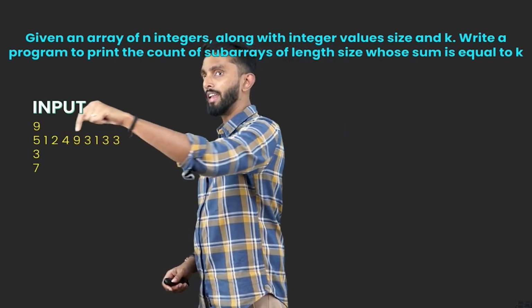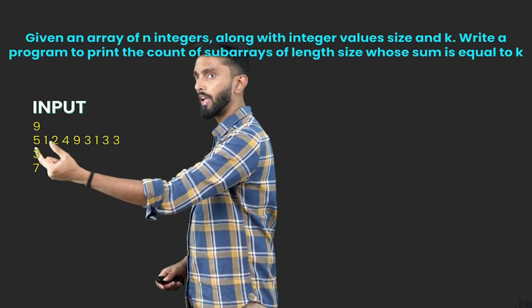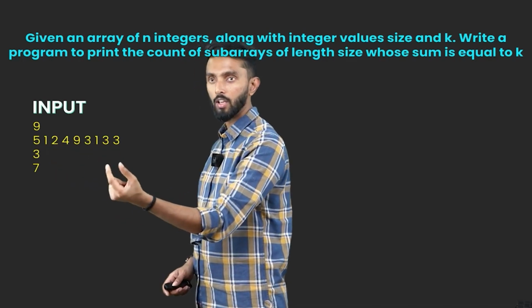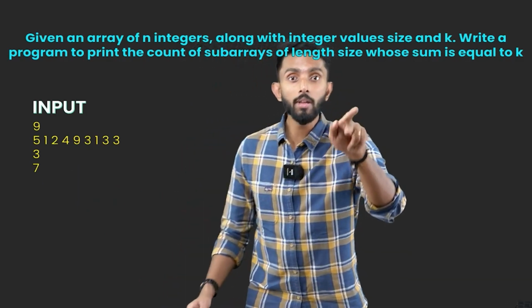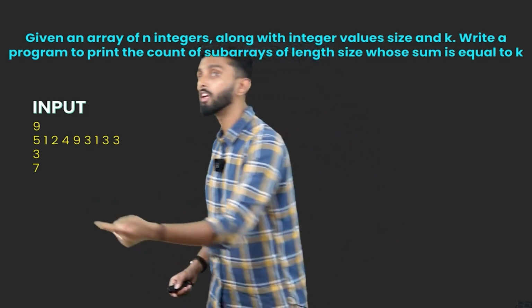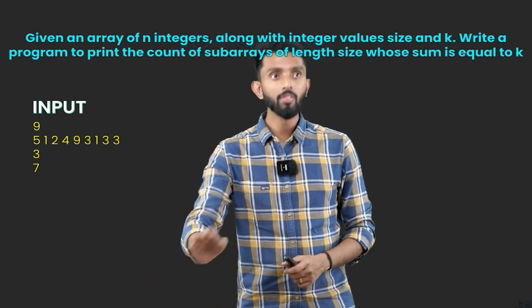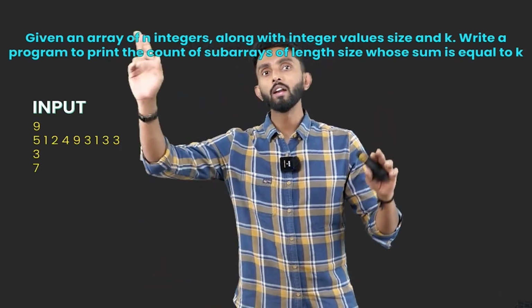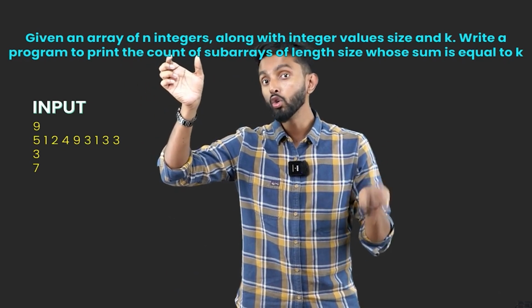N is 9 means 9 elements are there in the array. 3 means the subarray length has to be 3. 7 means the sum of the elements of the subarray should be equal to 7. If it is equal to 7, then what you need to do is write a program to print the count. You should not print the subarray. You should not print the sum.